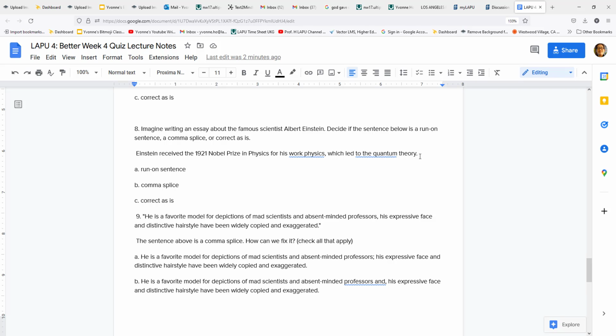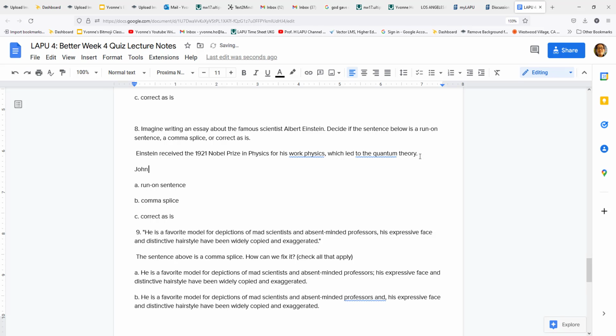For instance, if I said that John fixed the car, which is old, all right? Here, which is old, is not really necessary to the sentence. So if you have a relative clause that's not necessary to the sentence, then we put a comma there. So this particular sentence is C, correct as is, because we do use the comma when we have a relative clause at the end of the sentence and it's not important.